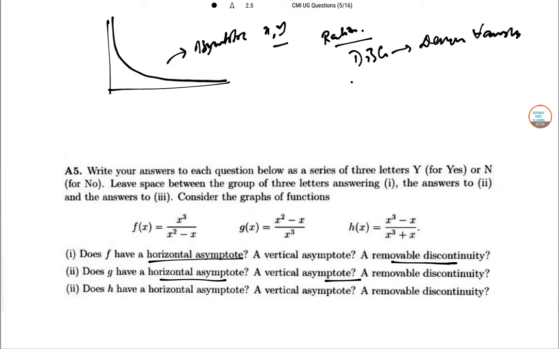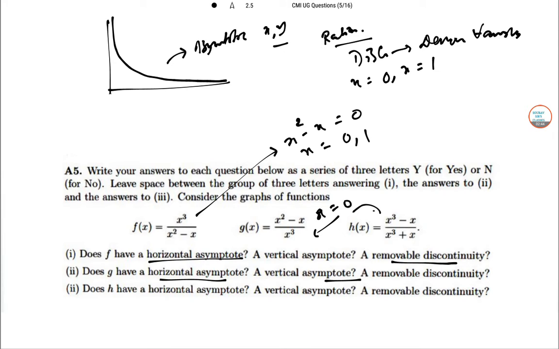So f is discontinuous at x equal to 0 and x equal to 1, because x square minus x equal to 0 gives x equal to 0 and 1, two values. g and h only at x equal to 0 for both. Now such discontinuity is removable precisely when the rational function has a limit at the x value. Otherwise the rational function has a vertical asymptote there.